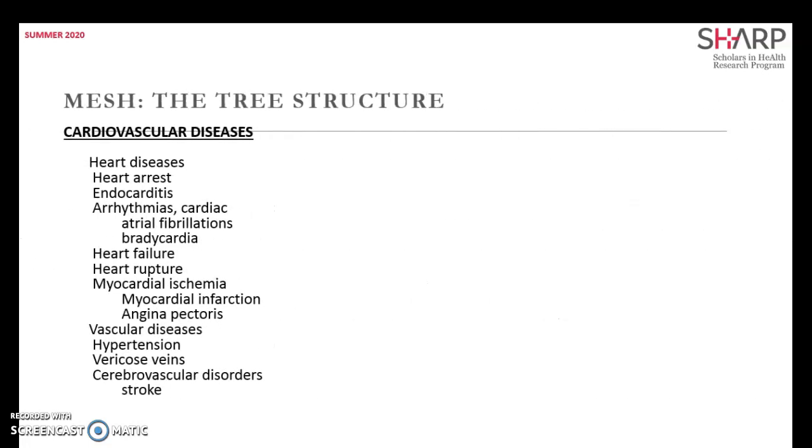If I decided to explode cardiovascular diseases, I will be taking by default all the articles that are talking about, since it's a MeSH, cardiovascular disease or heart diseases, heart arrest, endocarditis, myocardial ischemia, cerebrovascular disorders, stroke, and so on and so forth, without me keying in and selecting each and every MeSH.